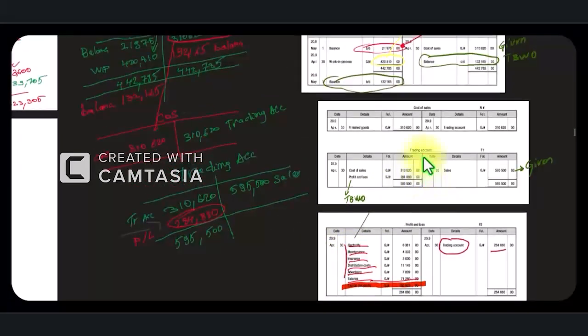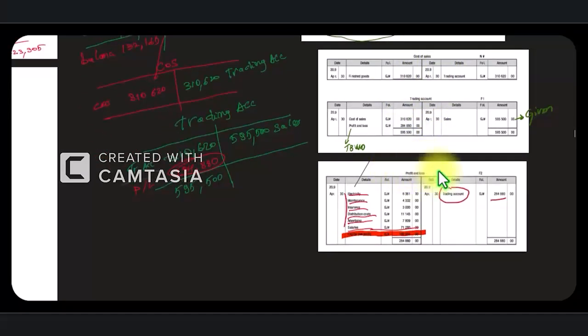But with the exception of the profit and loss, the trading account will be on your right hand side. Just wanted to point that out to you. So remember, these are visual pictures that are provided to allow you to understand this progression, right?